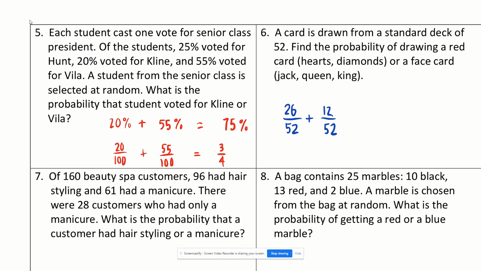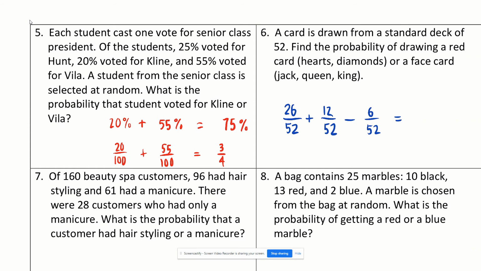So we added those twice. So what you have to do in an inclusive event like that is subtract the overlap. We got to subtract 6 because there was a jack, queen, and king of hearts, and there was a jack, queen, and king of diamonds, and they got double counted. We're not allowed to double count.